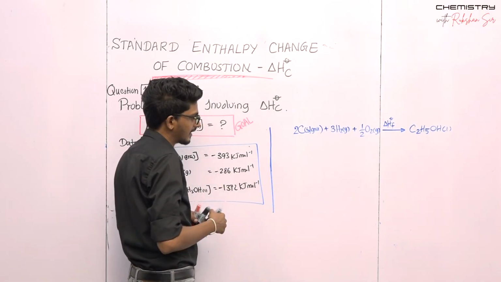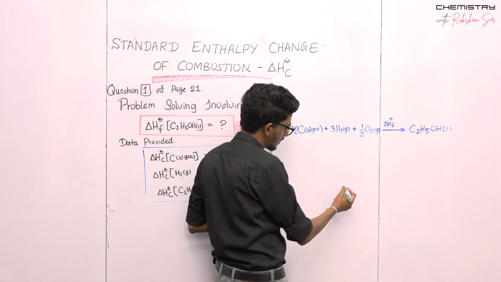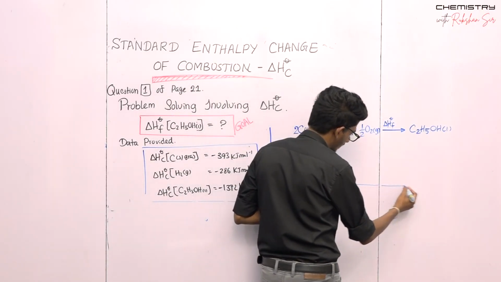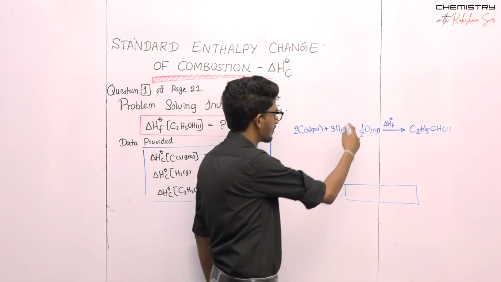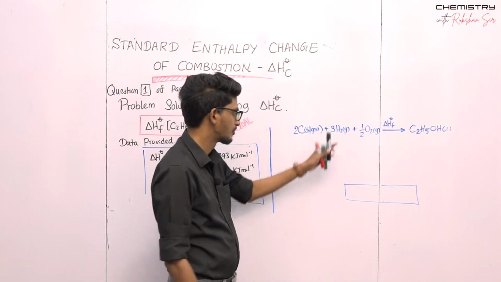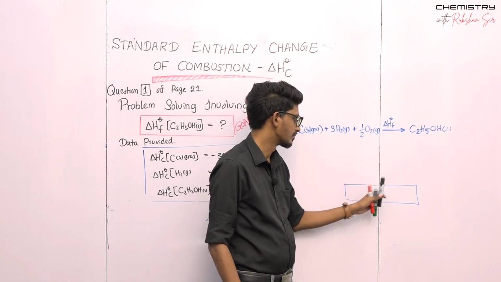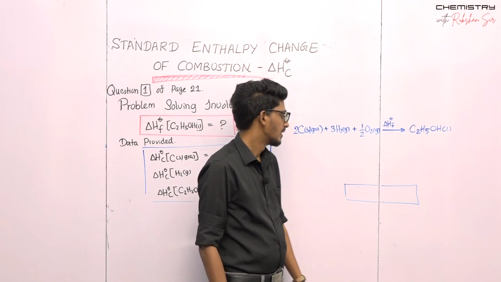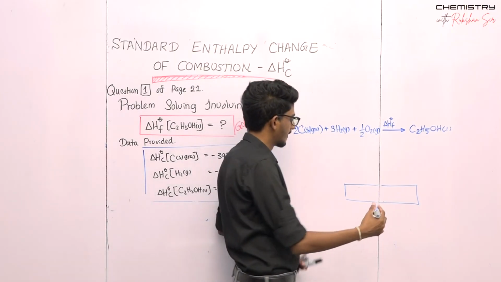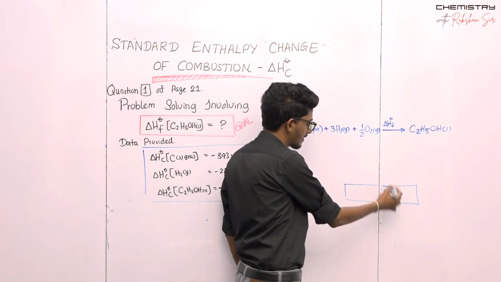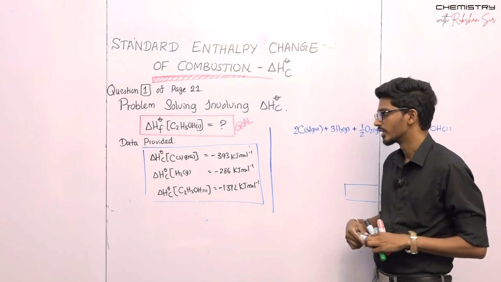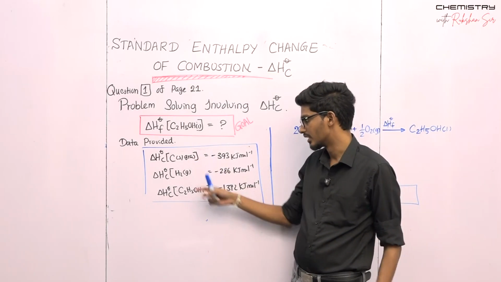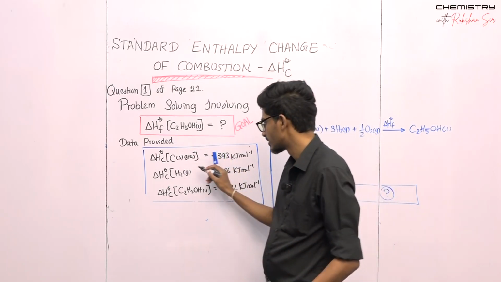First come up with the goal. The next thing is to come up with an imaginary state to complete the cycle. You need at least 3 states of the same system to complete a cycle. How do you write the components of this imaginary state? Just look at the data given. The data given are all combustion data.